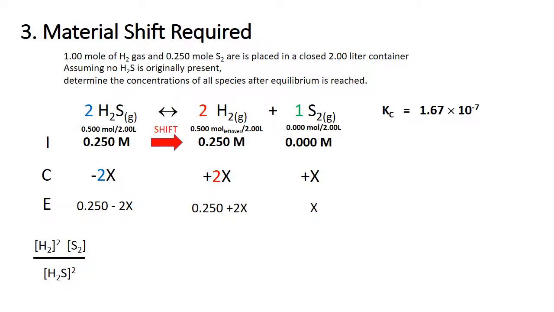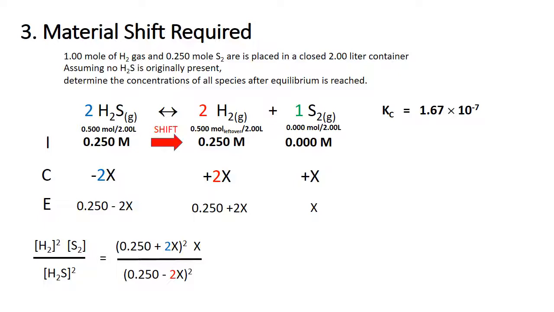Now, the law of mass action for this problem we've seen before is what you see on screen. We'll have to square the hydrogen concentration. We've got another product, S2, divided by the H2S concentration squared in the basement of that fraction. And substituting the quantities, there you have it. Now, this at first looks like arithmetic that might be more than just a challenge.